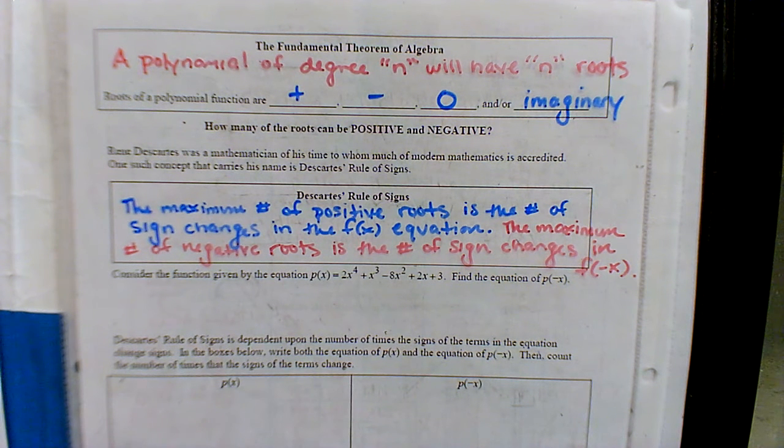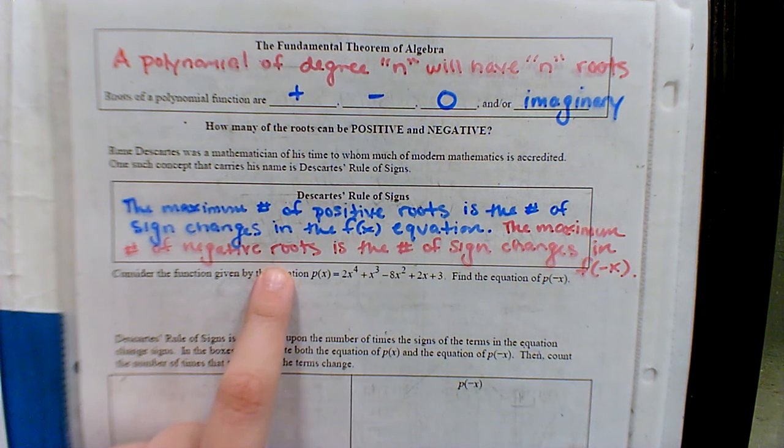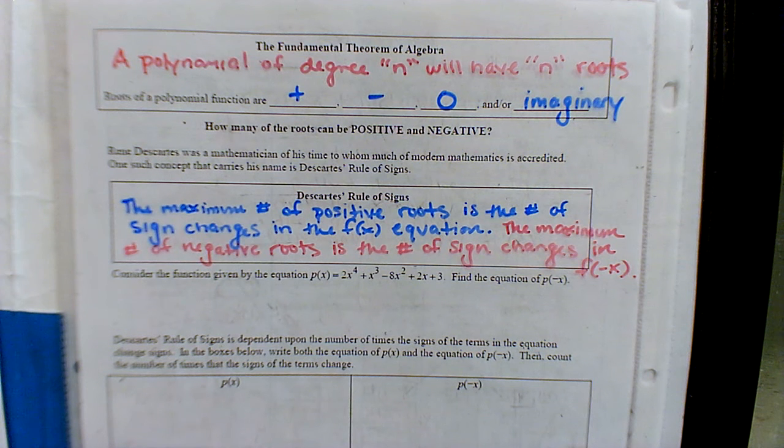So, bless you, if we were to substitute in negative x for all the x's and simplify it, we're going to count the sign changes in that new equation and see how many we have. That's going to dictate the maximum number of negative roots, how many show up on the left-hand side of a graph.